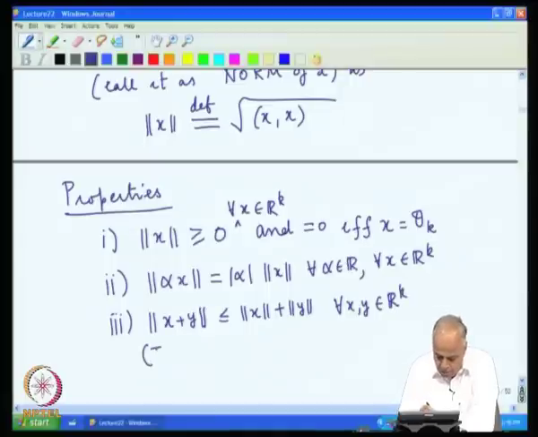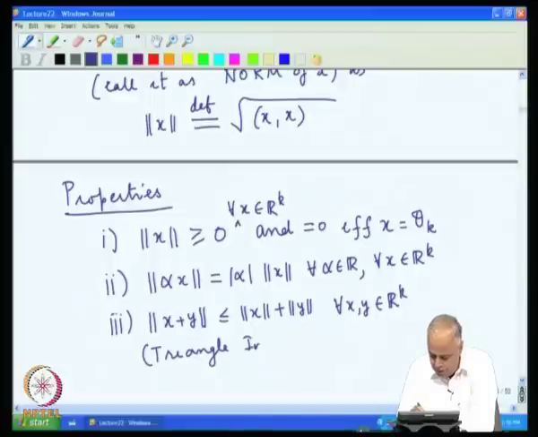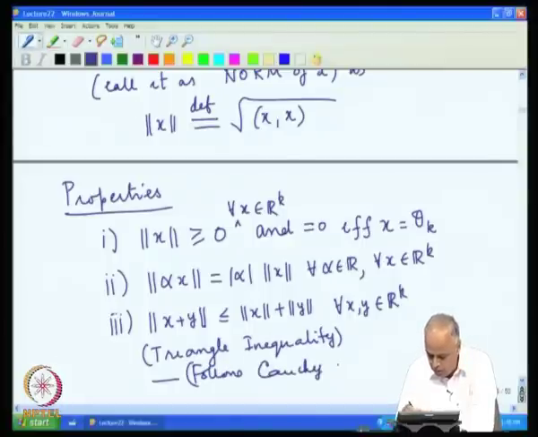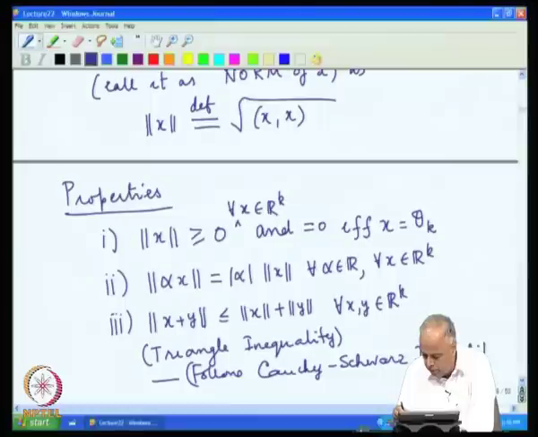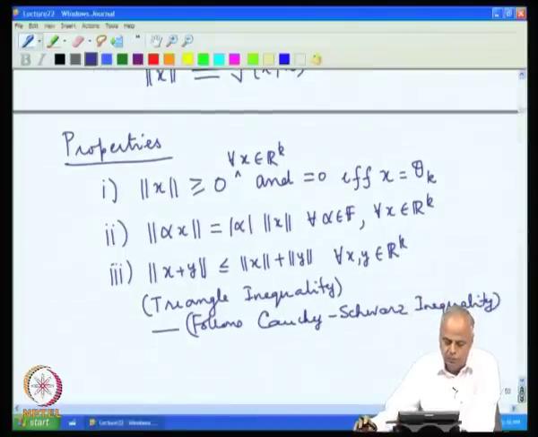This is called the triangle inequality. We shall not get involved in a proof of this. This follows from what is known as the Cauchy-Schwarz inequality. We shall look at it at a later time, but it follows from the notion of a Cauchy-Schwarz inequality.